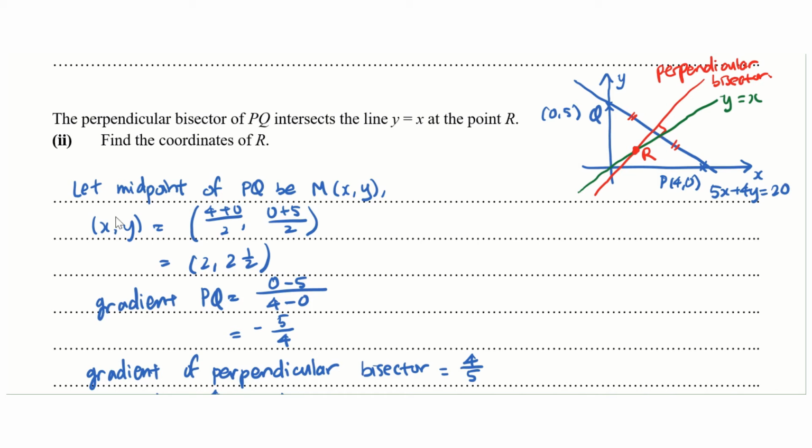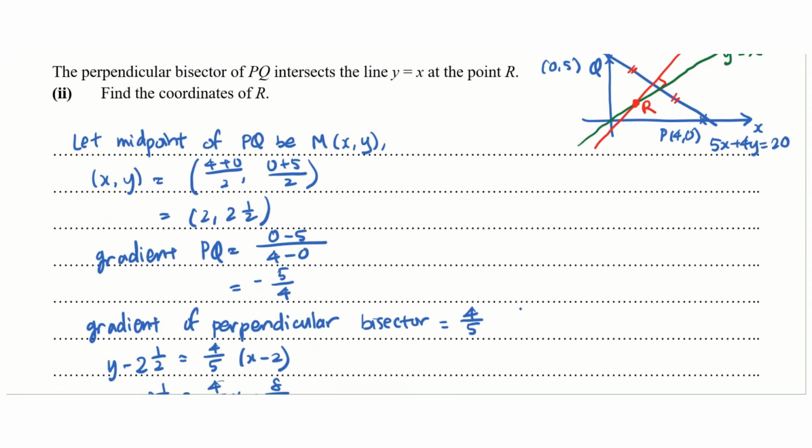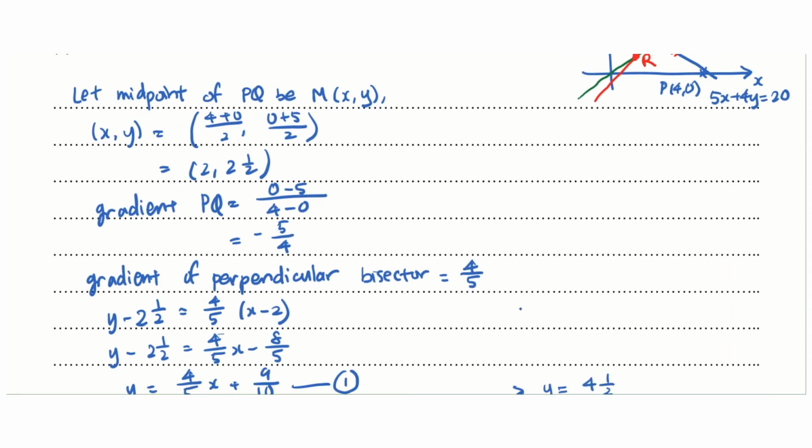We let the midpoint of PQ be M(x, y), which will help us in terms of our presentation. So (x, y) will be equal to (4 plus 0 over 2, 0 plus 5 over 2), and we get (2, 2.5). Then we will find the gradient of PQ, because only when we find the gradient of PQ can we find the gradient of the perpendicular bisector, which is the negative reciprocal. So we will get 4 over 5 for the gradient of the perpendicular bisector.